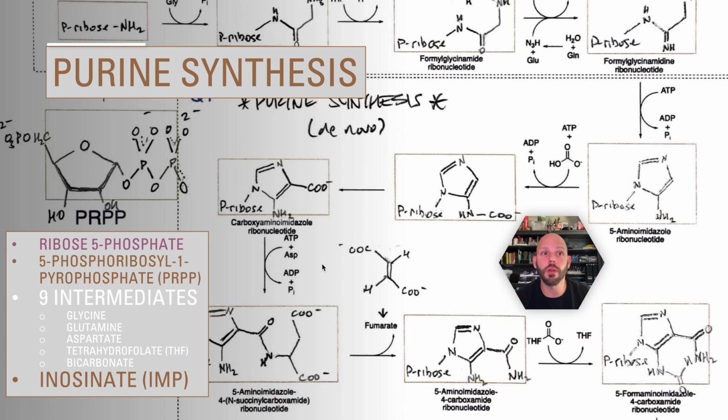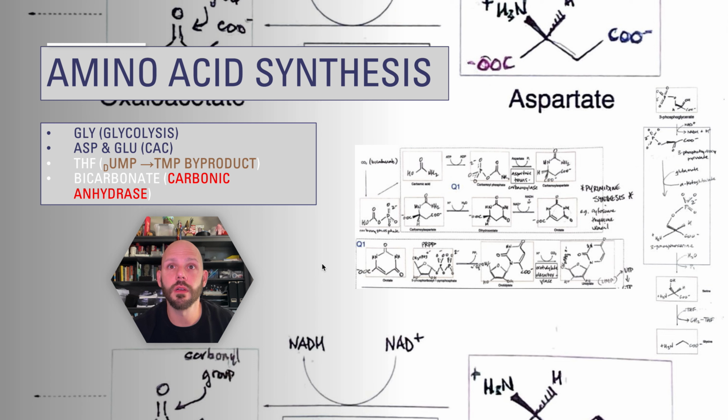Now, to be thorough, I think we should take a step back and look at where we're going to generate these amino acids and other components that we need. So you see here, I took our little section from the amino acid synthesis to show how we make glycine, aspartate, and glutamine.